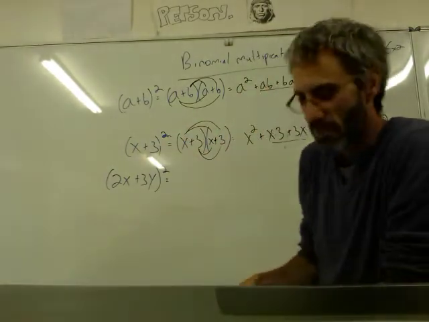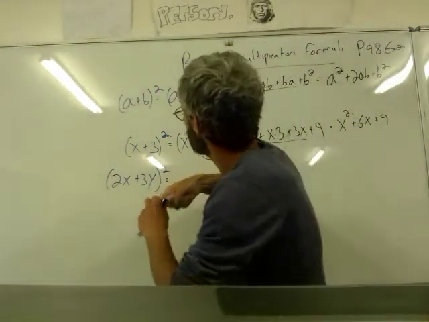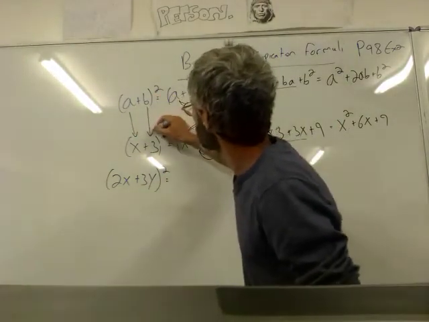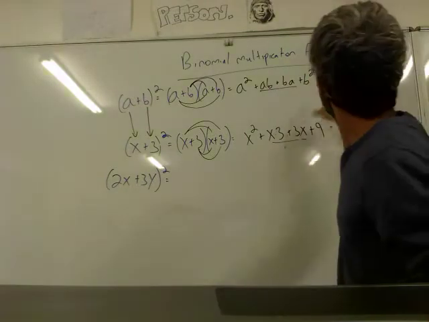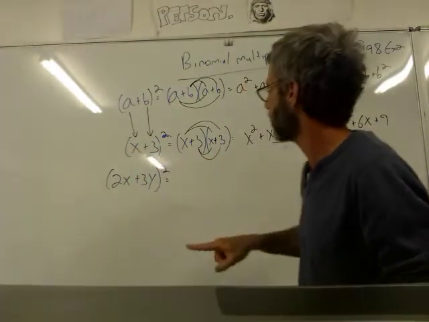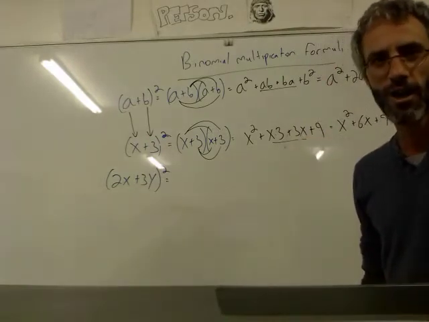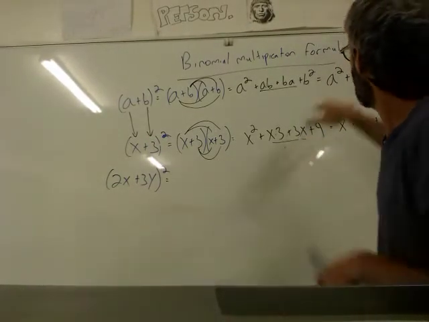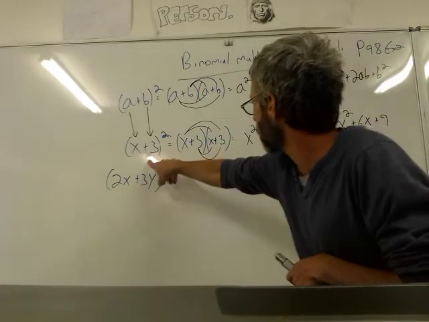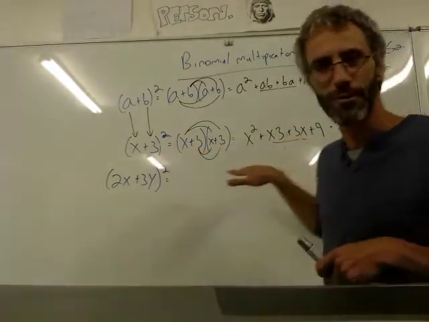What does 2ab mean? Your a is your first term, in this case it's x. The b is the second term, in this case it's 3. So 2ab will be 2 times x times 3, which is 6x. So if you use that formula, you can go directly from here to there without going through this.